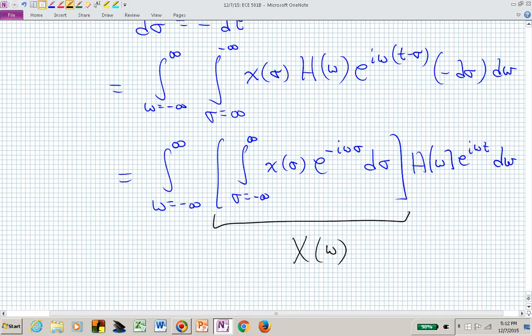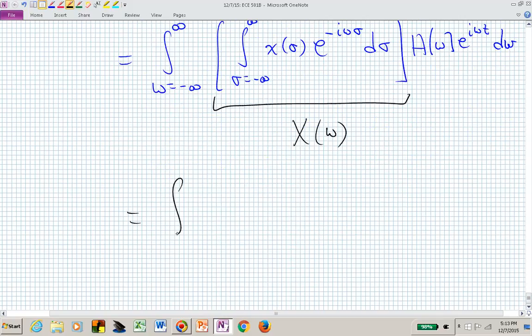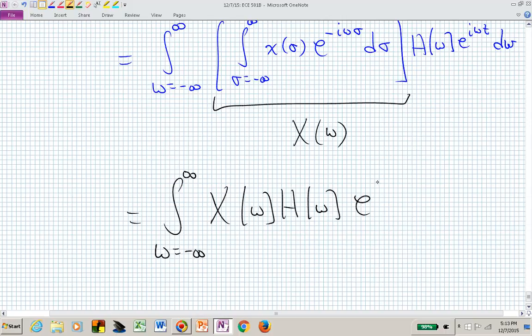So that's now capital X of omega, so that we have derived this relationship that shows that we have capital X of omega times h of omega weighting, or forming the coefficients or the weights on these complex exponentials, e to the i omega t, d omega, where we could now associate this product with y of omega.